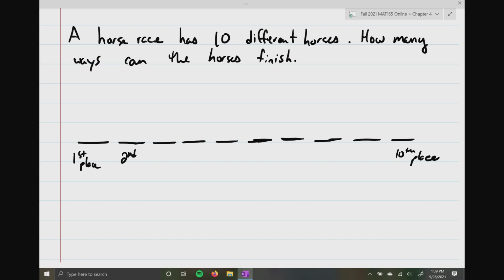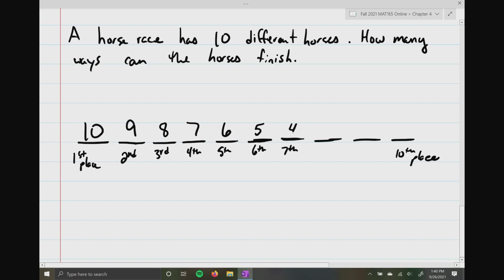So the number of ways that we can get a first place finish is 10. But then once that horse wins, you can no longer use that horse. So the number of ways that second place can occur is going to be 9. And then the number of ways that third place is going to occur will be 8. And then fourth place will be 7. Fifth place is 6. Sixth place is 5. Seventh place is 4.